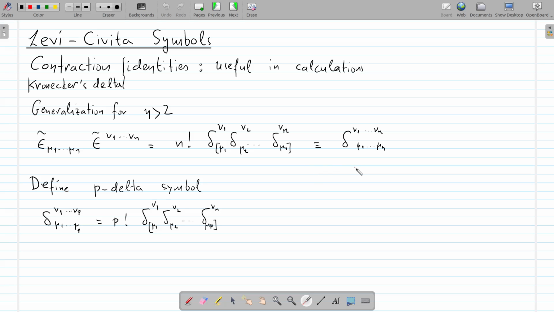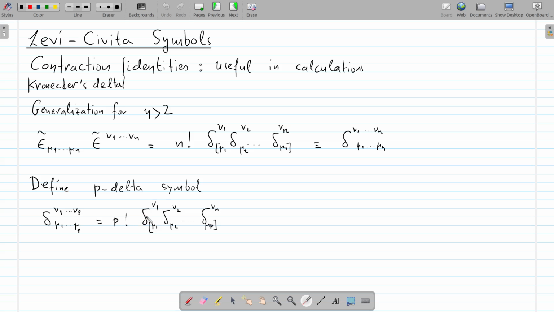So it is convenient to define the p delta symbol to be this for any p. So instead of having only definition for n indices here, which of course is needed for the Levi-Civita symbol, we define this generalization of Kronecker's delta for any p.